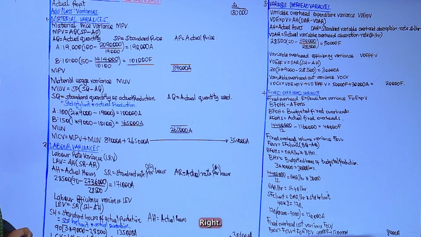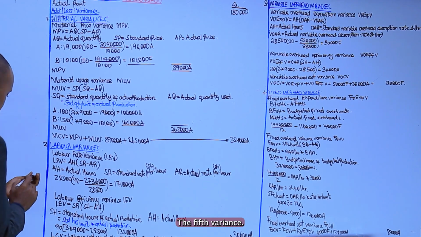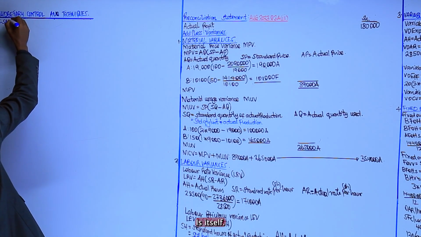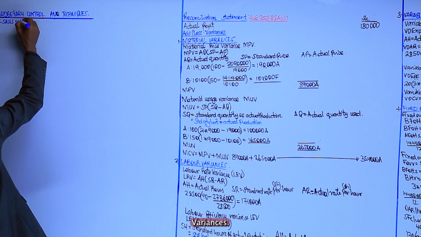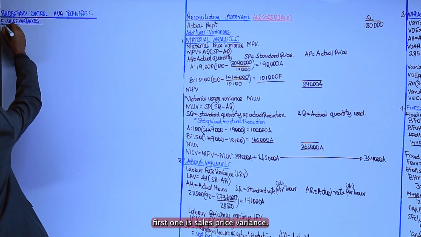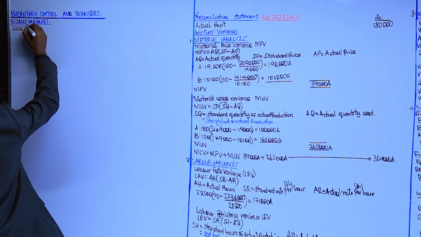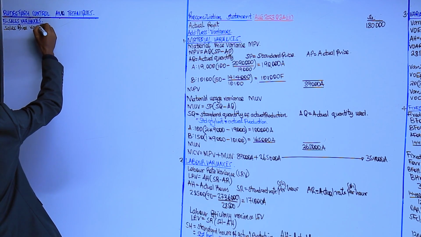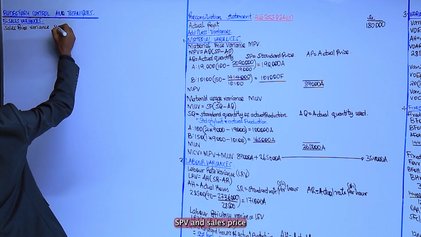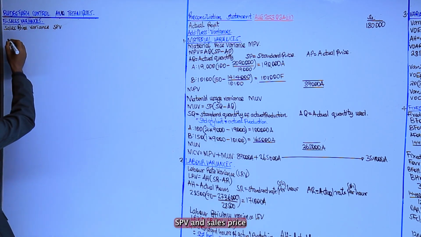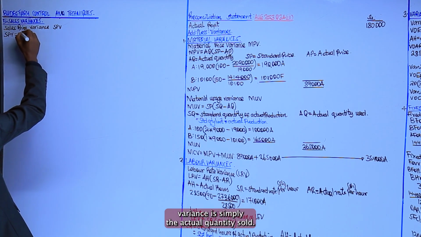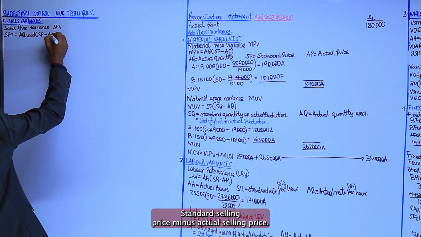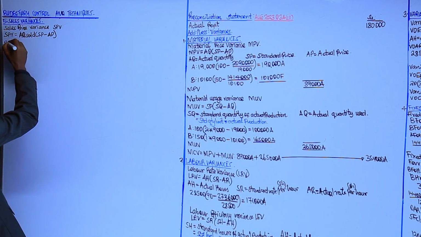Right. The fifth variance is the sales variances. The first one is sales price variance, SPV. Your sales price variance is simply the actual quantity sold times standard selling price minus actual selling price.